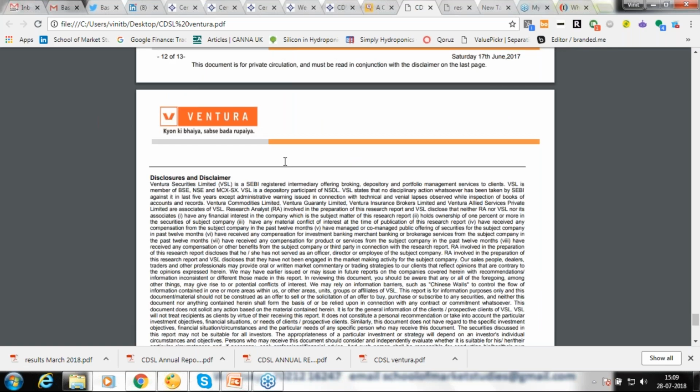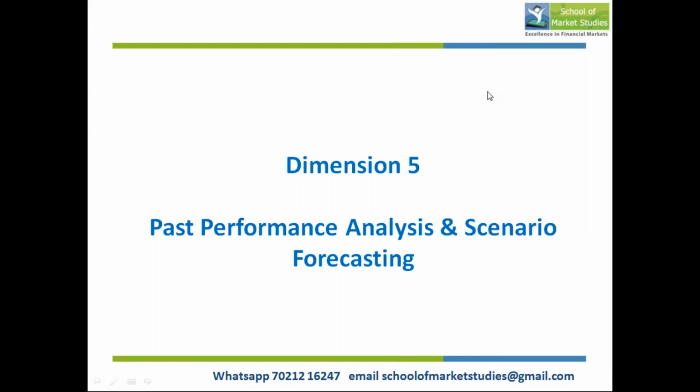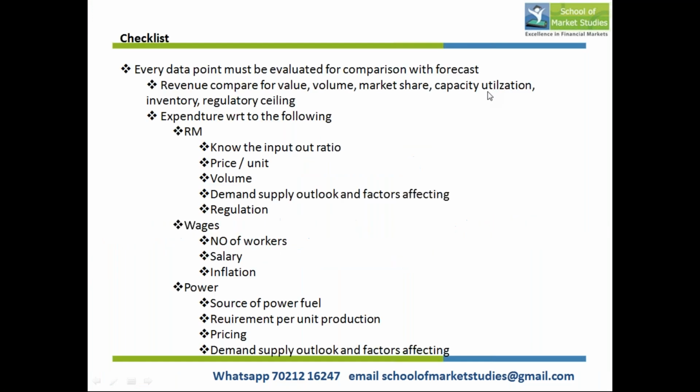And going ahead with the presentation, when you're doing this monitoring work, what are the things you look for? So every data point must be evaluated for comparison with the forecast, right?